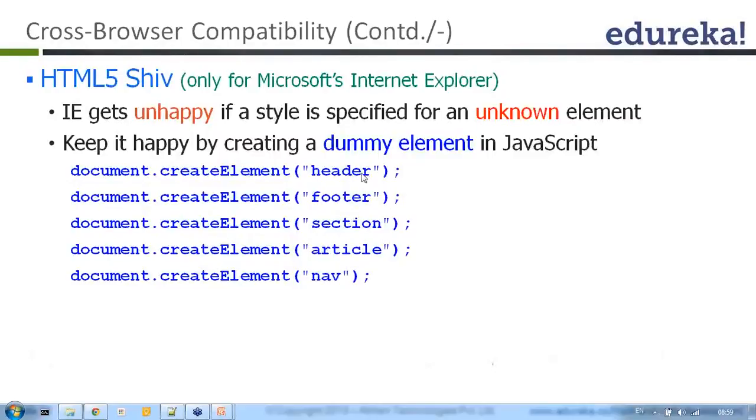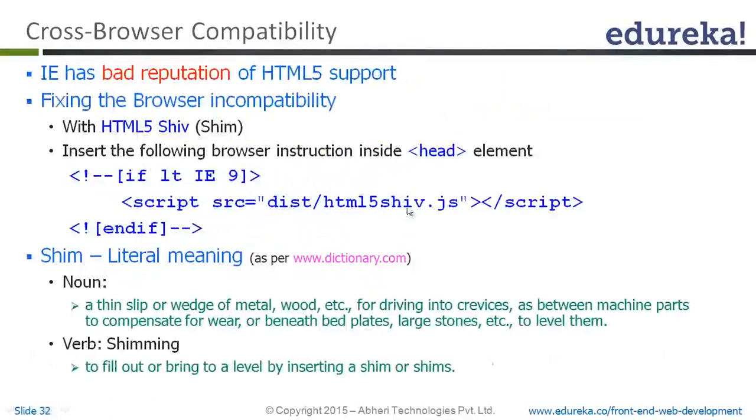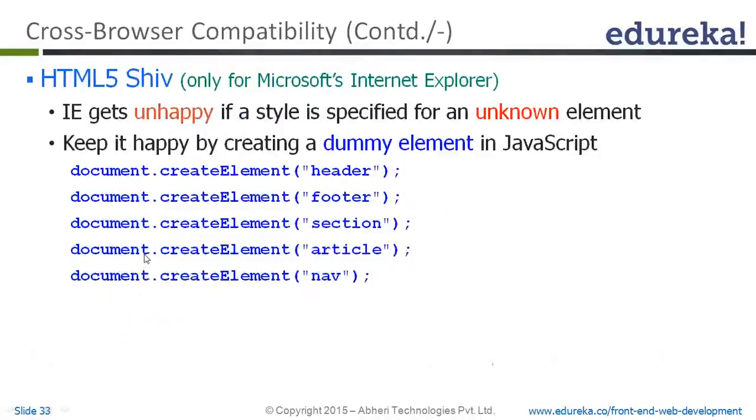It's just like you do this inside the JavaScript. What you see in the blue text is the JavaScript that is there in this html5shiv.js. So basically, it will create some elements like this, and then it will make the browser happy, so that it will display as best as possible.